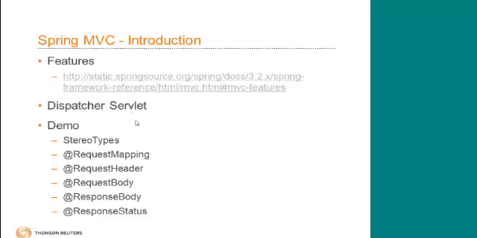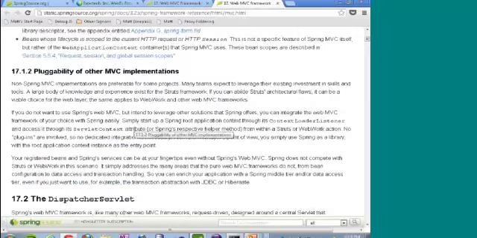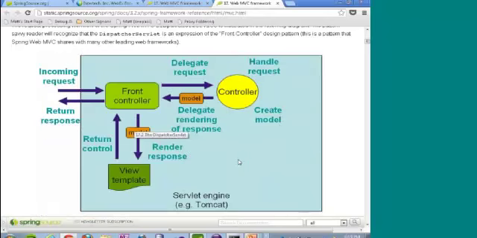So when you dive into how Spring MVC works, it's based largely on something called the dispatcher servlet. The dispatcher servlet follows a front controller pattern, and so requests come in and everything goes through.